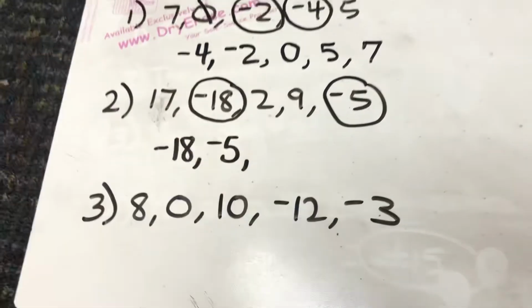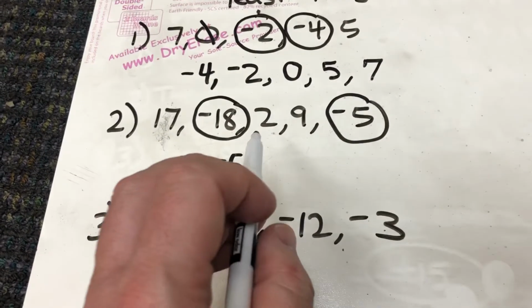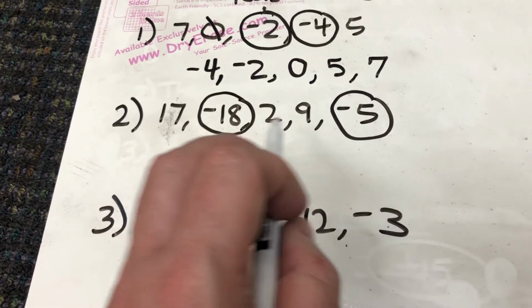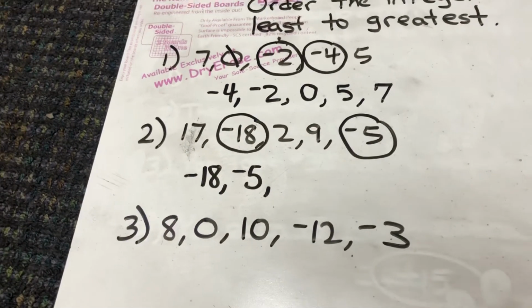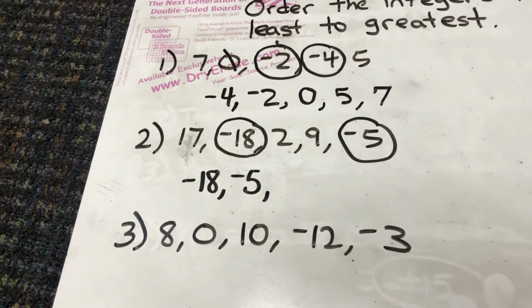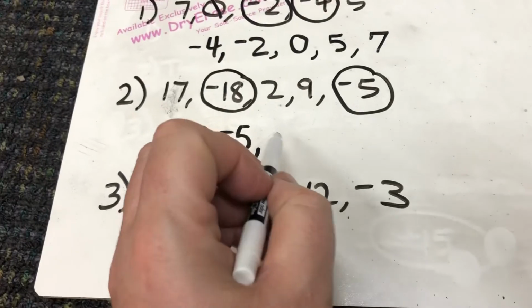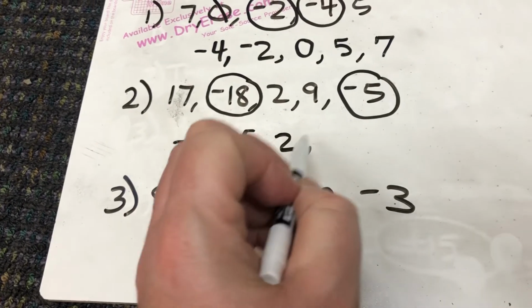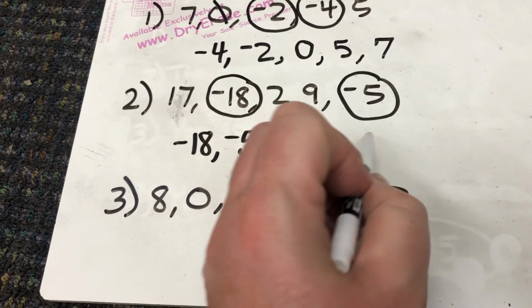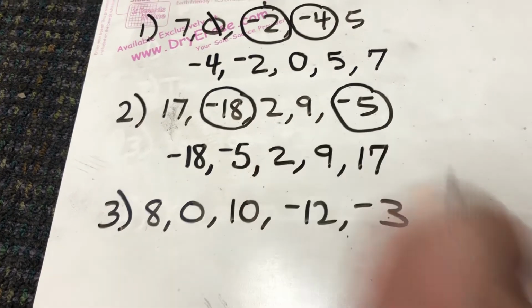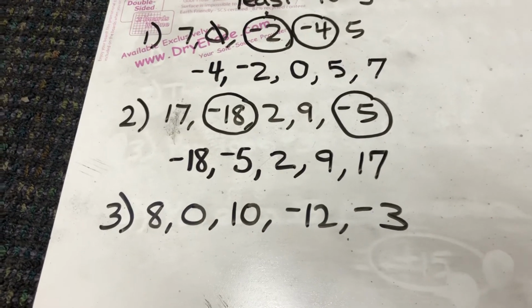Negative 5 would be the next one. And then my other 3 numbers are 2, 9, 17. If I'm going to put those in order from least to greatest, that's not hard. It's going to be 2, then 9, then 17. Not too difficult.